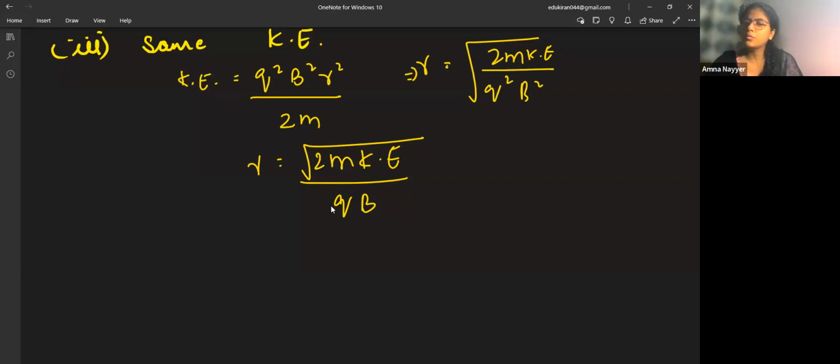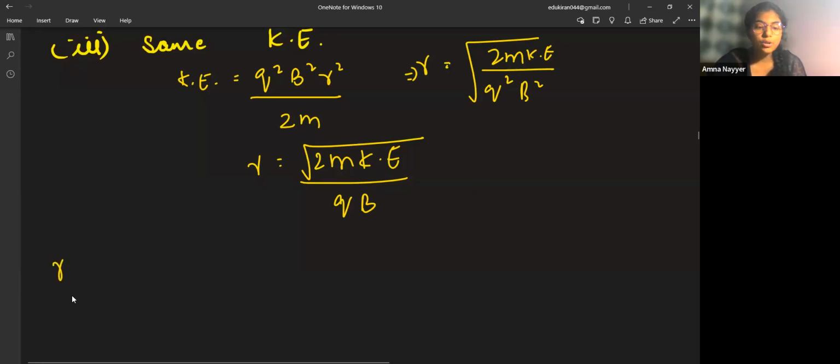Now at least we have something which we can solve. Look, the mass relations we know, kinetic energy is already the same in this question, the charge relations we already know, and the magnetic field is also the same. Now at least you can solve this.